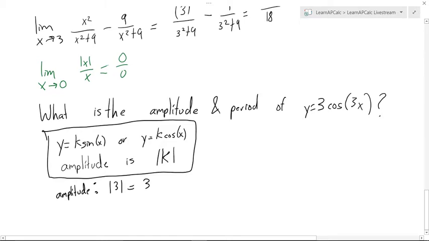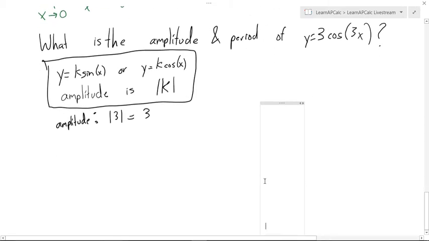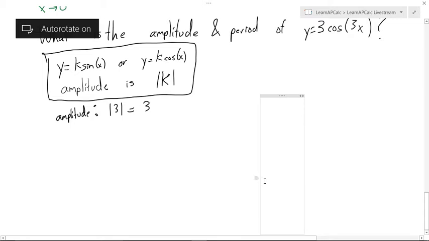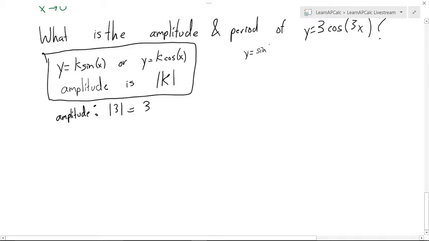Now our period is a little bit more tricky, but it's actually not too tricky. So y equals sine kx, kx equals 2 pi, x equals 2 pi over k, where x is our period.